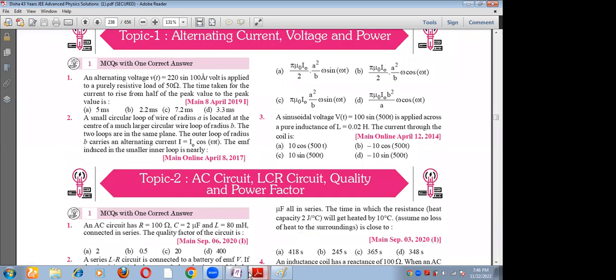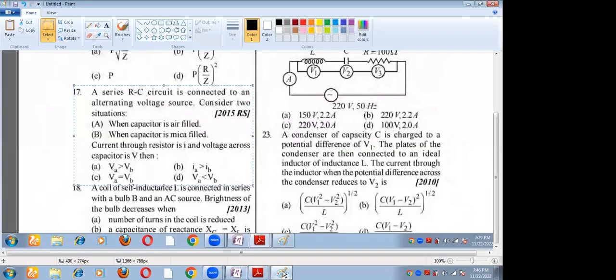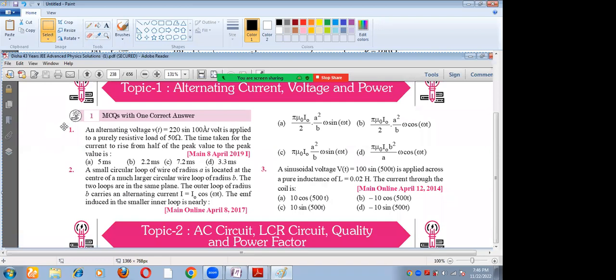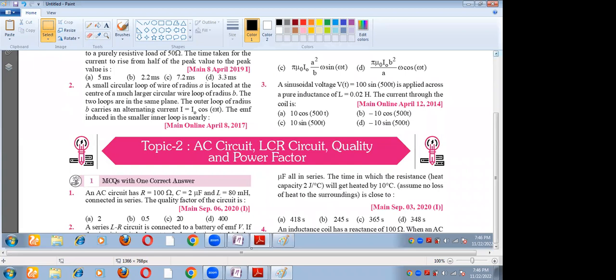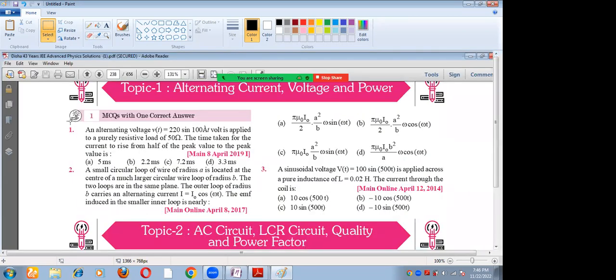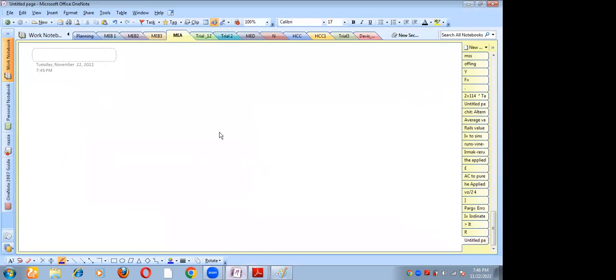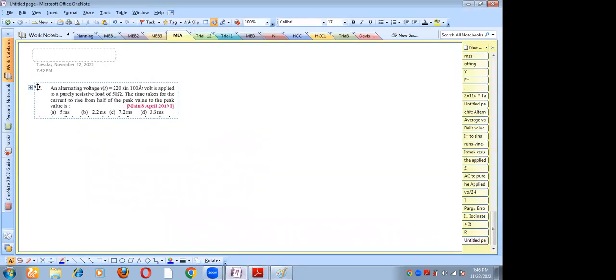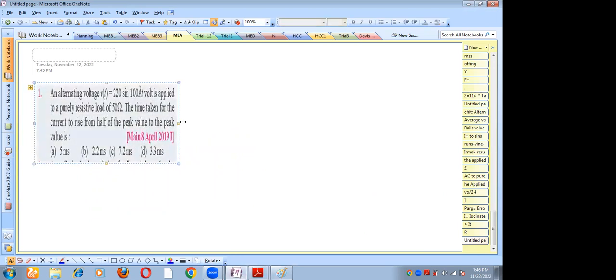Till then I will do that question. Attempt this question. This is JEE Main 2019 question.